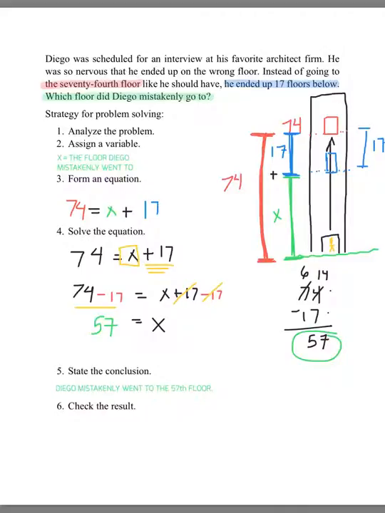Now the last step is to check the result. Again, we're going to start with the original equation found in step 3. So we'll have 74 is equal to x plus 17. Let me color code that x in green. X is now going to be in green.